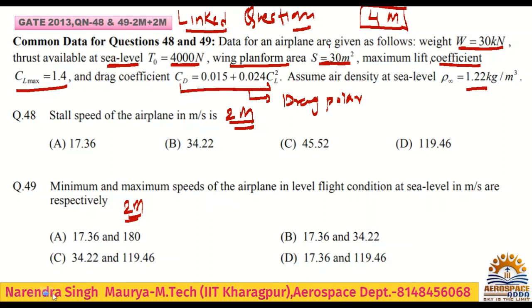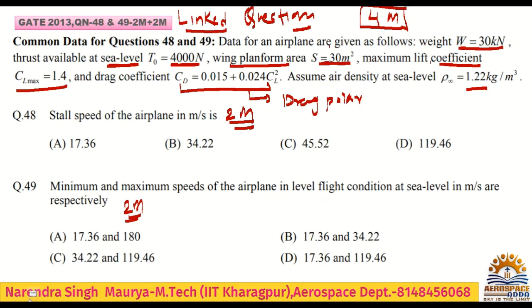First we will write the given data. Weight is 30 kilonewton. Thrust available is 4000 Newton.